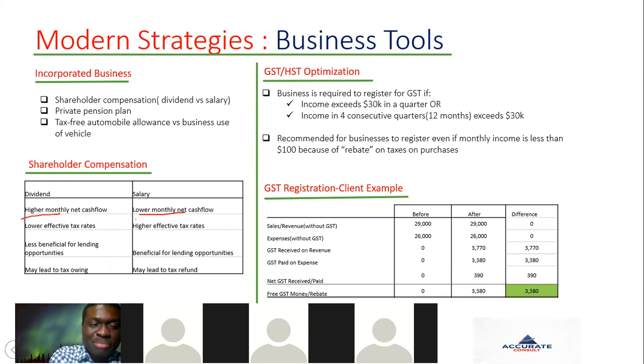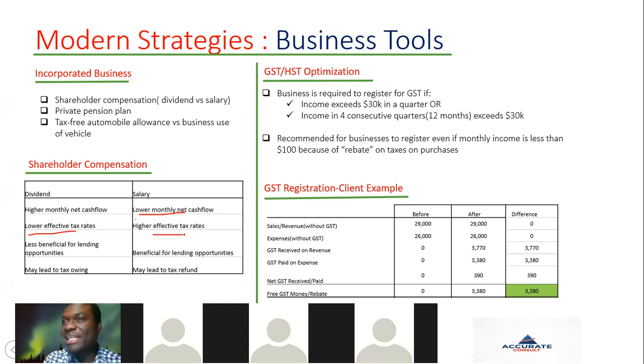Then effectively, because it's dividend, I also enjoy what they call the dividend tax credit, which will reduce the net tax I'm going to pay on my dividend. For salary, there's no dividend tax credit. So ideally, when you pay yourself salary, you have a higher effective tax rate.